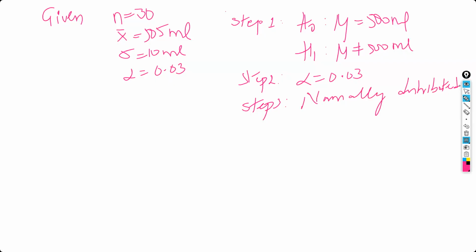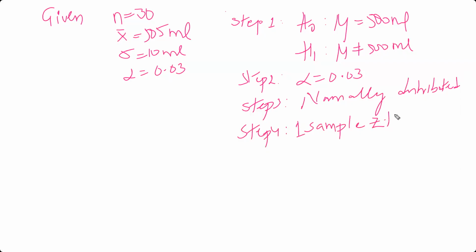Right? Step 4. Select the test first. Now tell me, what is the test I have to select here? One sample Z test or T test? Z test. Why? Because the population standard deviation was given. Next, after one sample Z test, is it a right tail, two tail or left tail? Two tail.